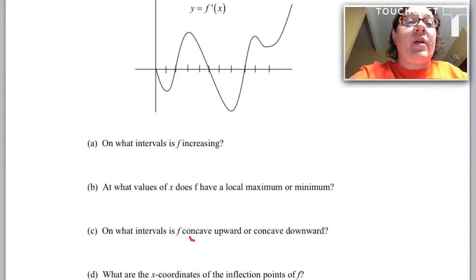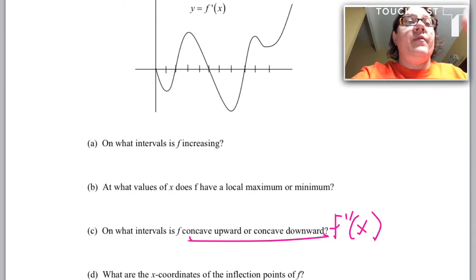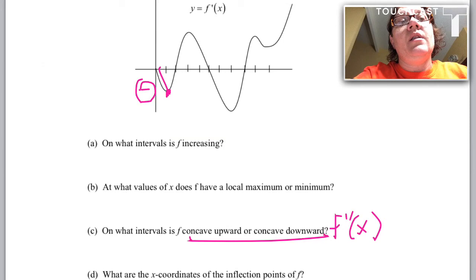So on the next piece, when it's talking about concavity, I want to look at second derivative, but second derivative requires that I look at the slope of the first derivative. So here, my slope, of course, would be negative, and then I'm going to hit this, and my slopes are going to be positive, and then I'm going to hit this peak, and my slopes are going to be negative, and then I'll hit this valley, and then my slopes are positive, and then peak, negative, valley, positive.